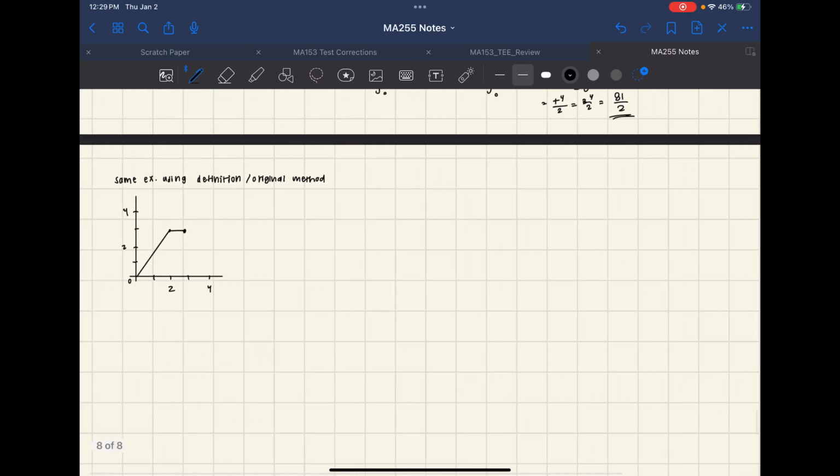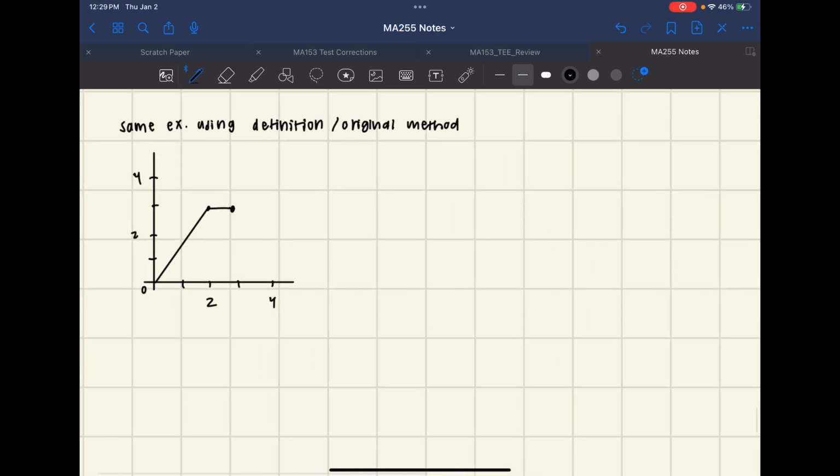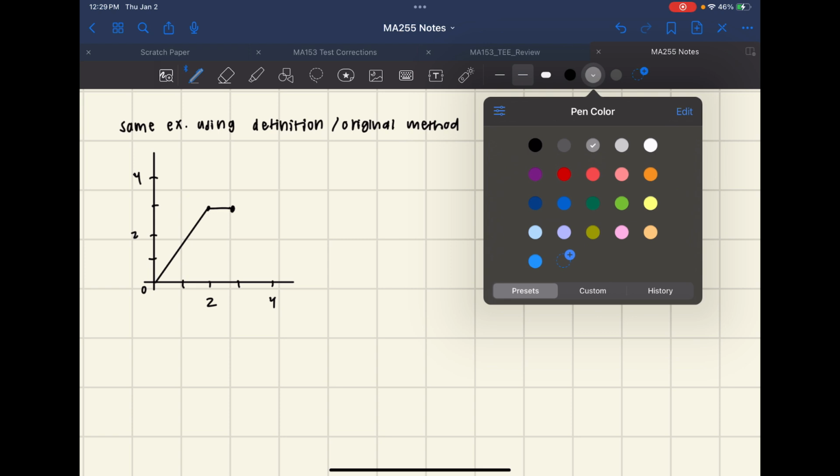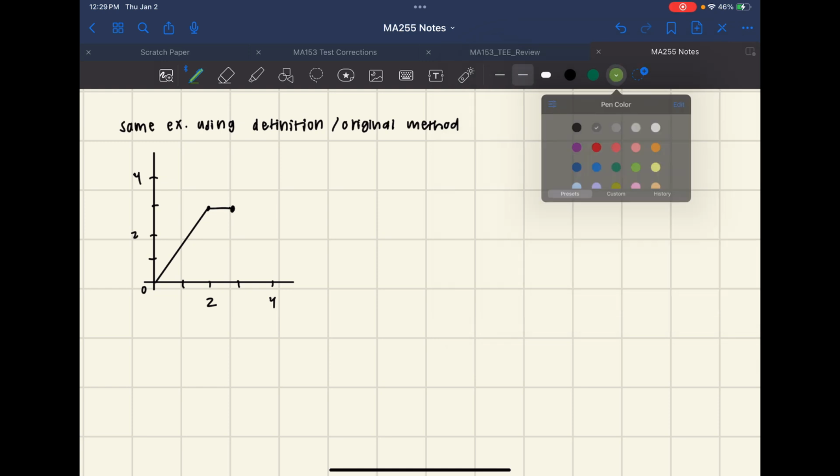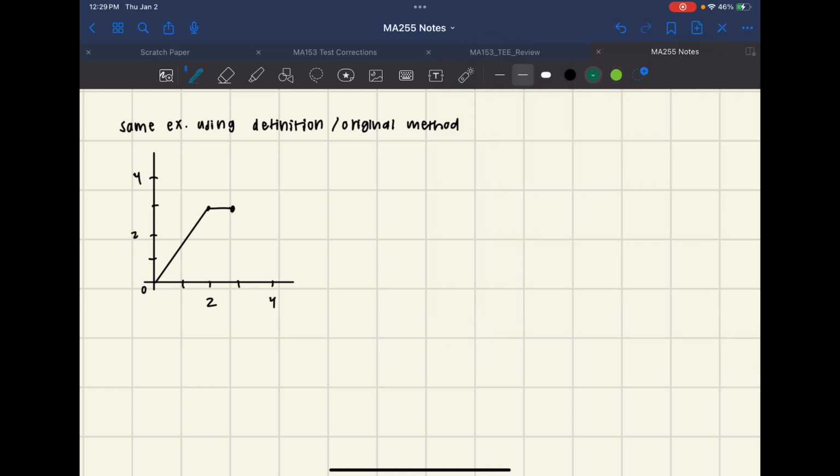Okay, so next we're going to use the same problem using the definition of the original method. So way number 1. To start with this, I'm going to use 2 different colors. I'm going to call this one C2, where we can evaluate them separately. So this one's going to be C1. This is what we were given.